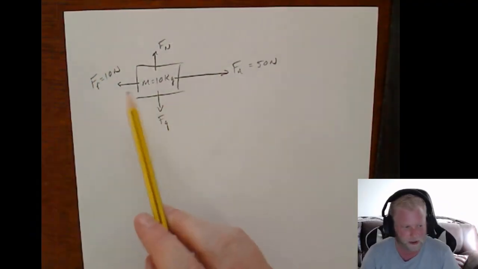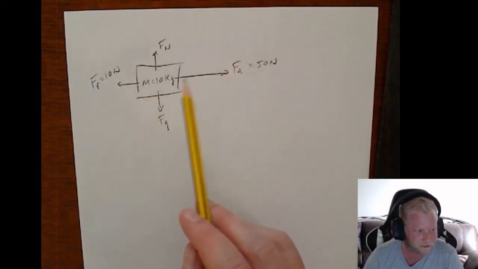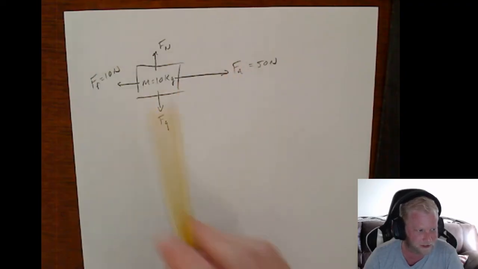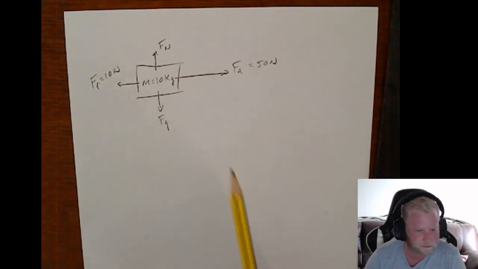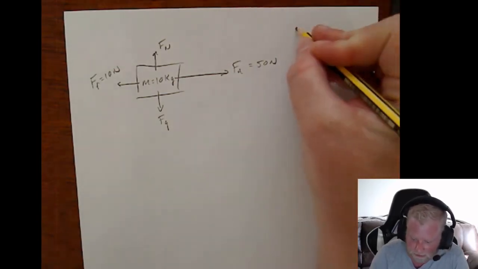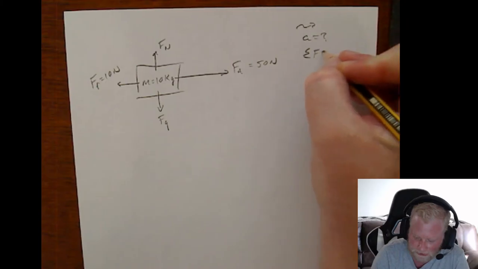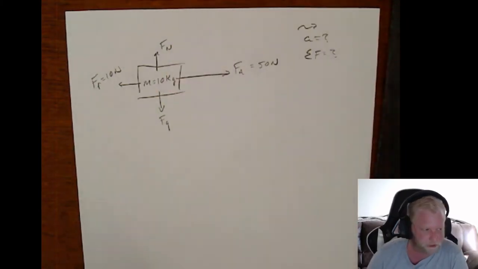And again, remember on your free body diagram, if a force is bigger than another, make the magnitude of that vector arrow bigger. We want acceleration, we want net force, and we want the normal force.